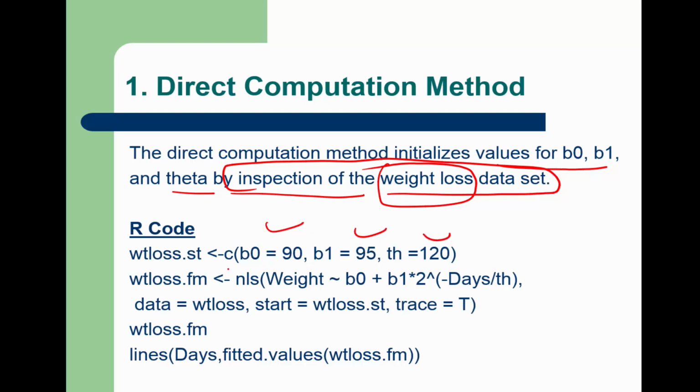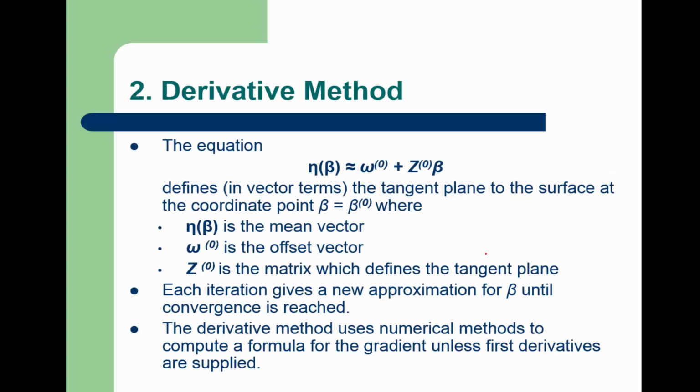We assume beta naught, beta 1, and theta to take some values, and these values are purely taken from the data that we have. Then we fit the model, the model that we just saw in the previous slide, and we do that iteratively and find at what values of beta naught, beta 1, and theta we get the minimum of the loss function, or the minimum of the residual sum of squares. That's the way we find it out.